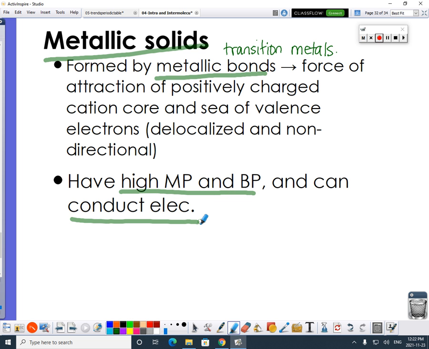They can conduct electricity. I don't know why I didn't spell the full word, but that's okay.